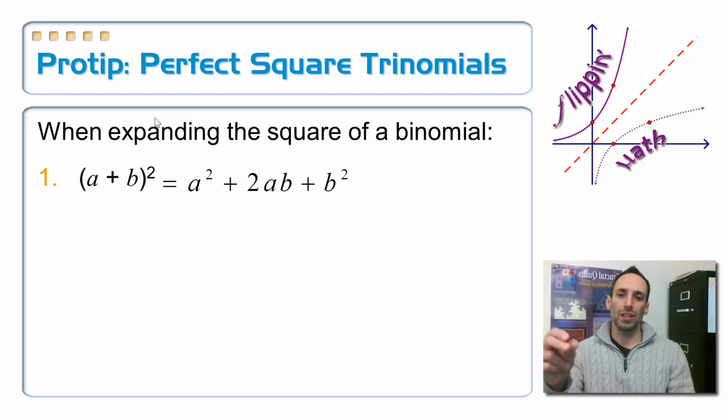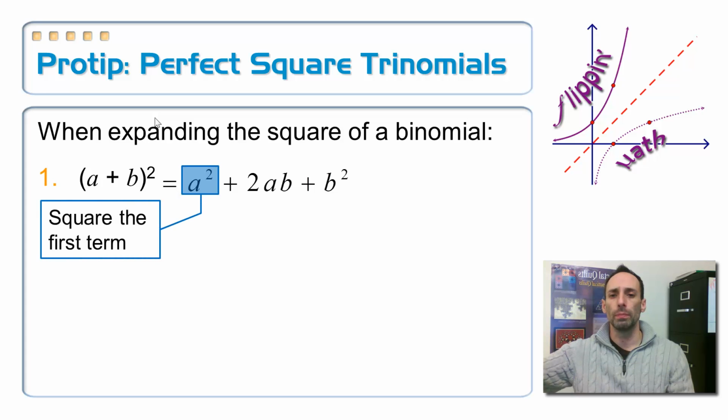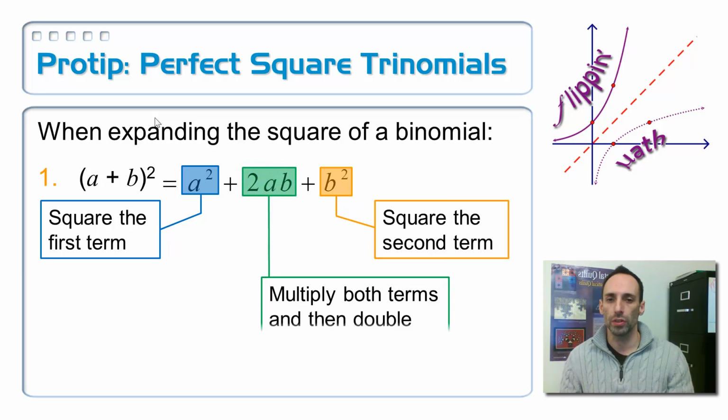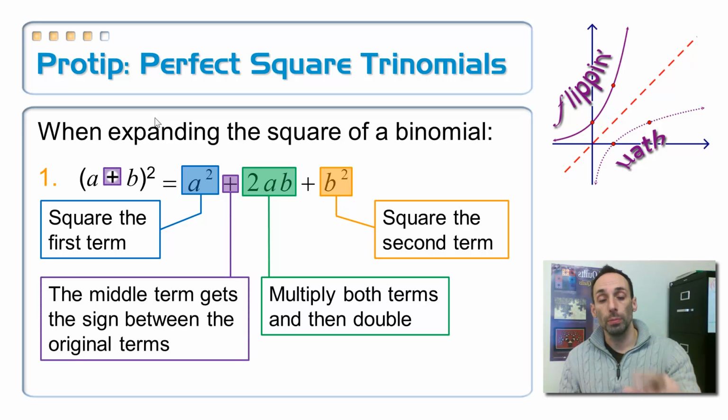Okay, so when expanding the square of a binomial, here's the pro tip on this one. The a squared just comes from the first term squared. Okay, the b squared comes from the last term squared. That's just like the difference of 2 squares. However, this one's a little bit different because for the middle term, it doesn't cancel out this time, it adds up. It will be the same thing, so you just double it.